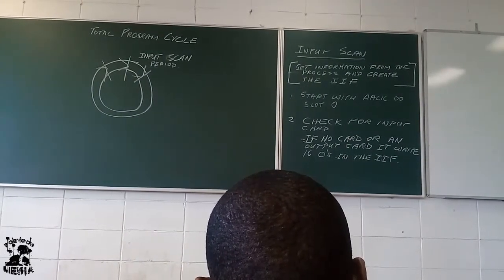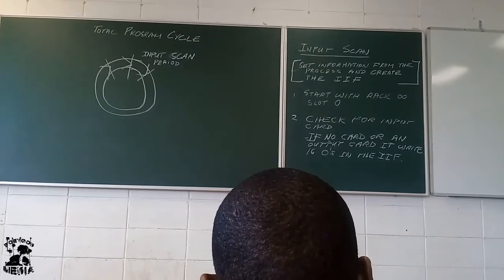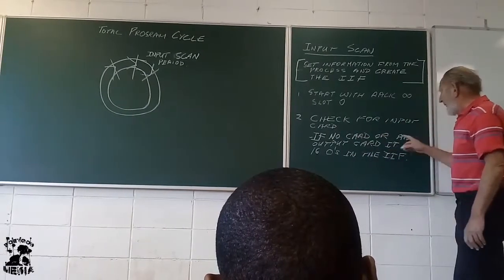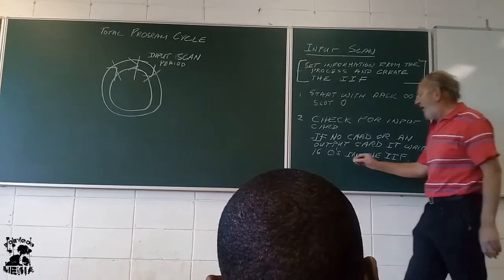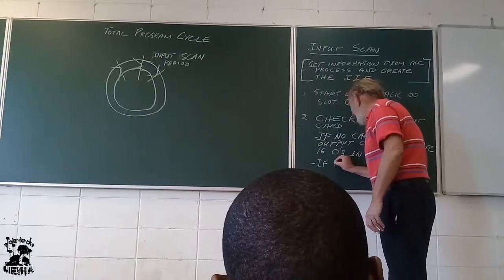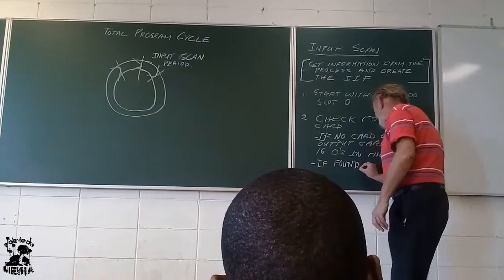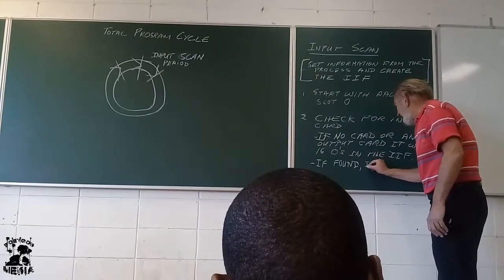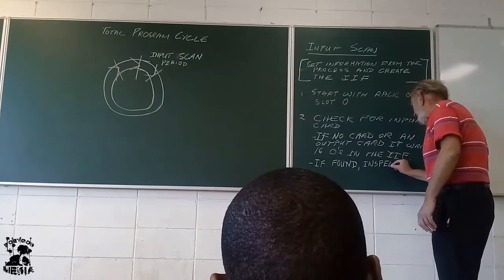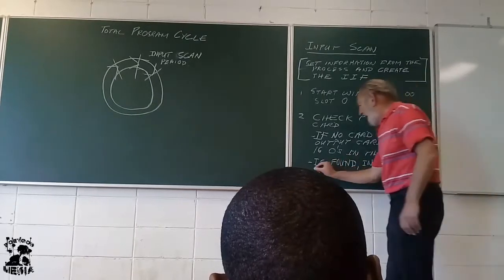What happens if it finds a card? Then it's doing something else. It checks if there's an input card. If found, that means there is an input card, and it inspects all 16 terminals.